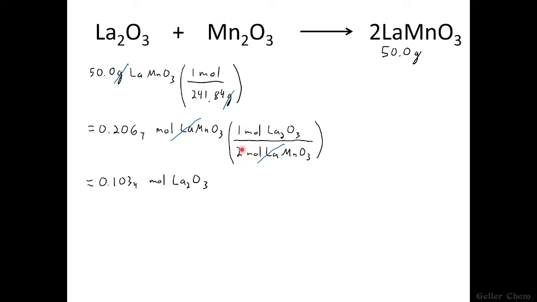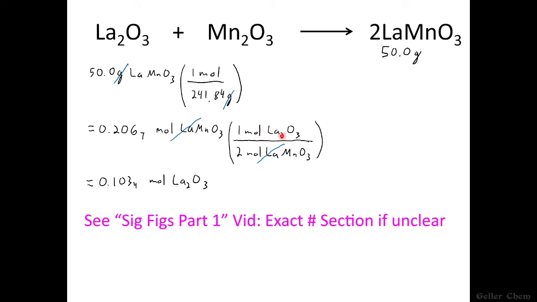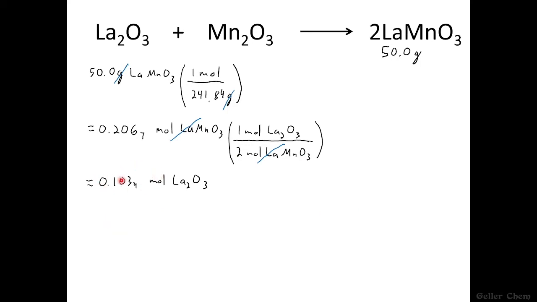And this mole ratio here is considered a set of exact numbers. There are exactly 1 mole of La2O3 for every 2 moles of LaMnO3 that are produced. But now I have the number of moles of La2O3 reactant that I need to generate this much product at the end of the day.